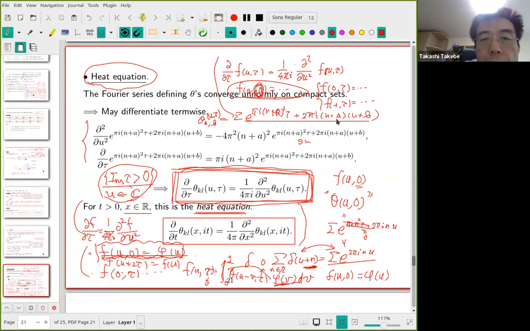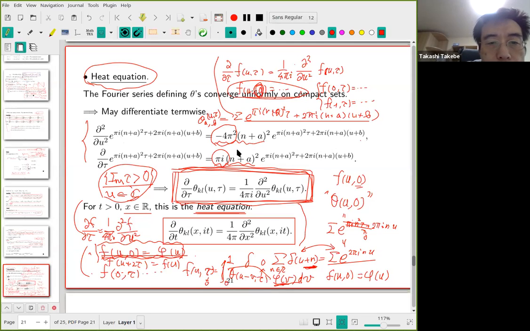We can differentiate this series termwise. And the termwise differentiation is very simple, like this. And we get certain coefficients. And the only difference of these two derivatives, one is the second derivative by u, one is the first derivative by tau.